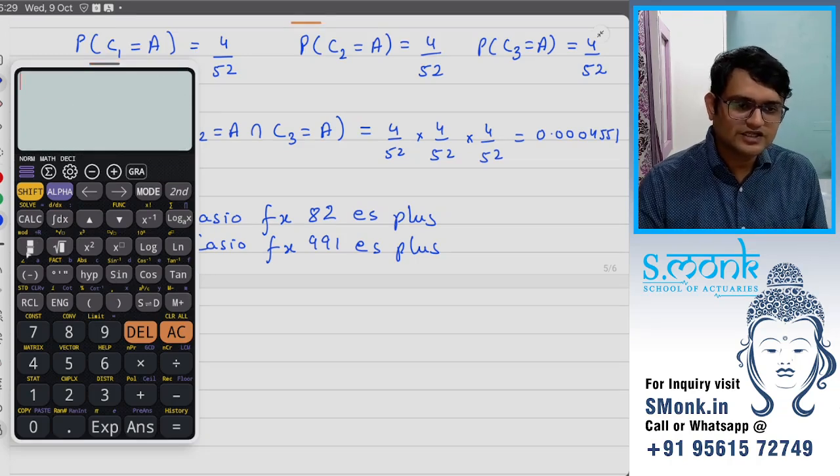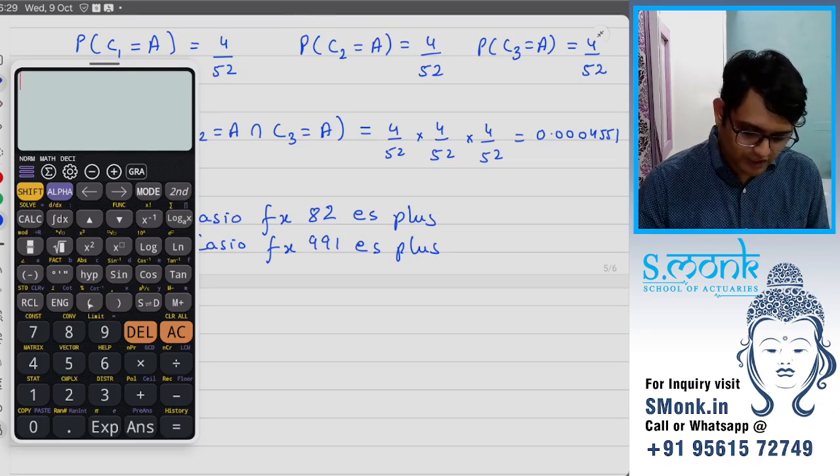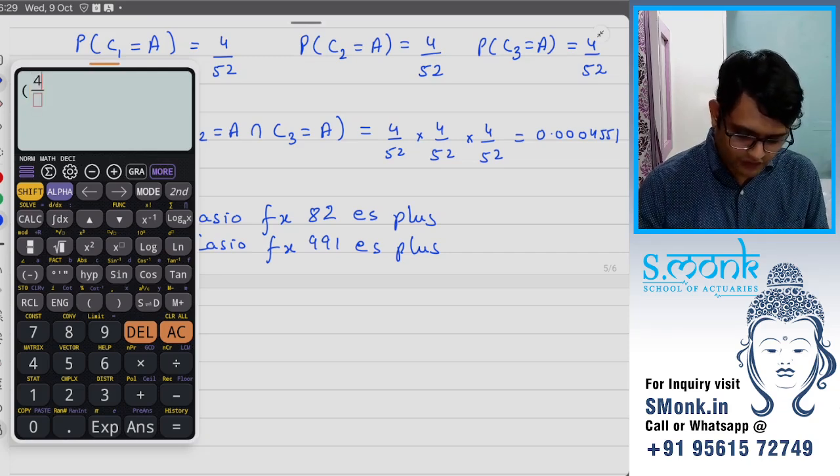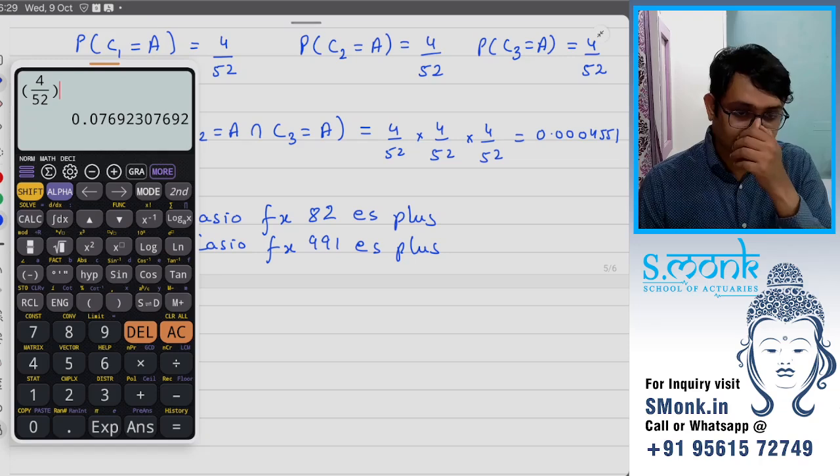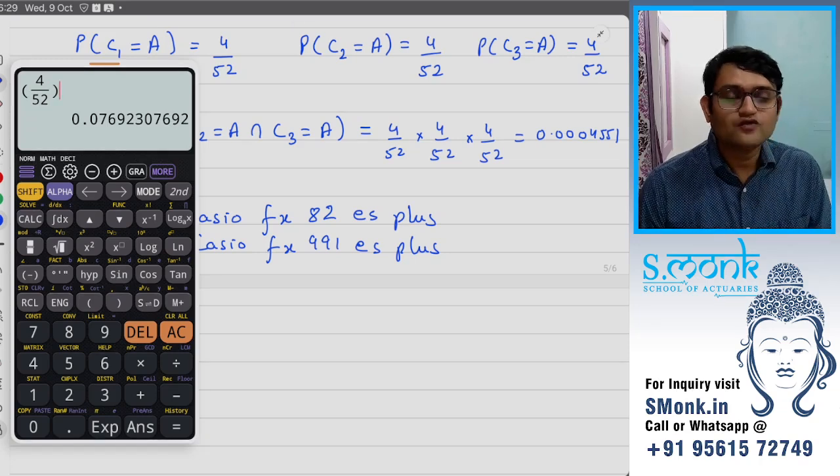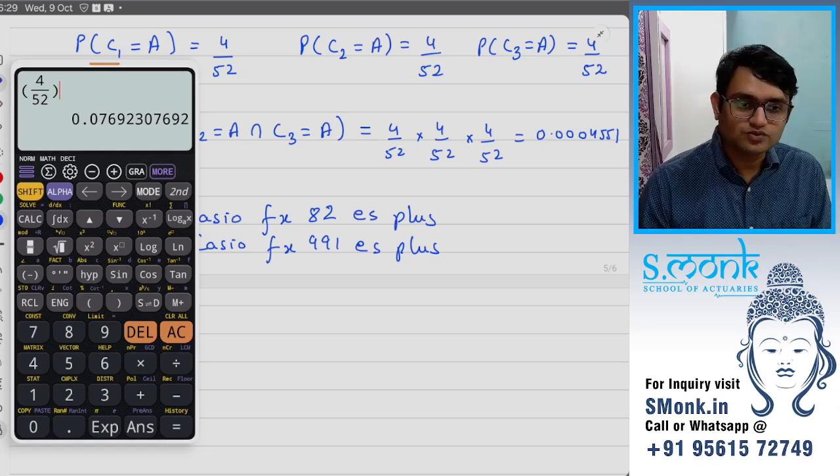You will see there is a fraction button here. So I can put a bracket, put a fraction and say 4 by 52, bracket close. And then I want raised to 3 because I want the cube.